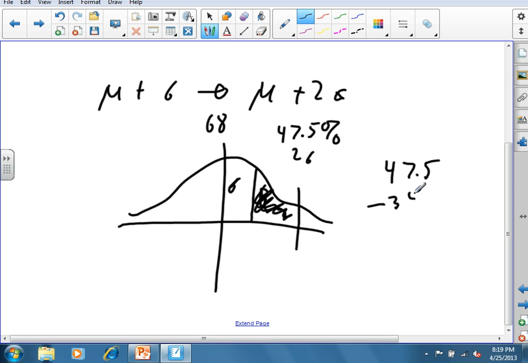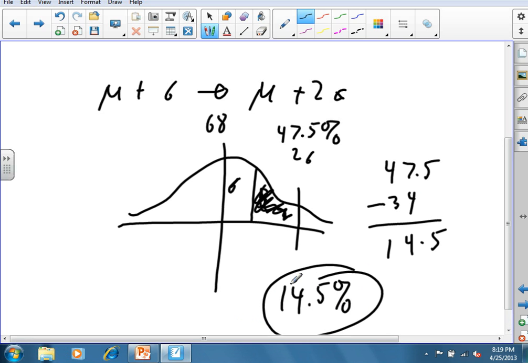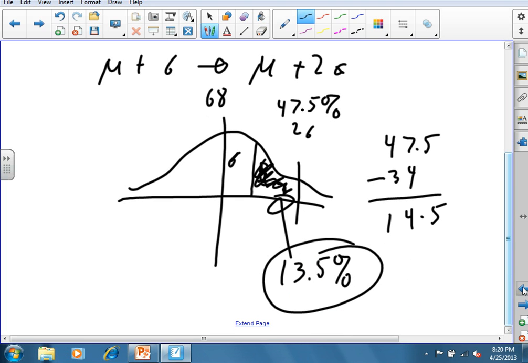So if we subtract 34%, we get 13.5%. 13.5% of the data is going to fall between 1 standard deviation and 2 standard deviations.